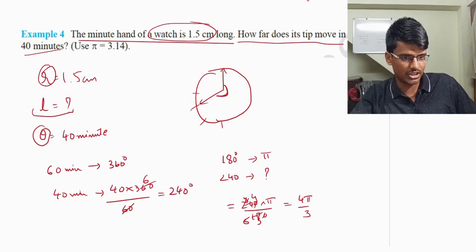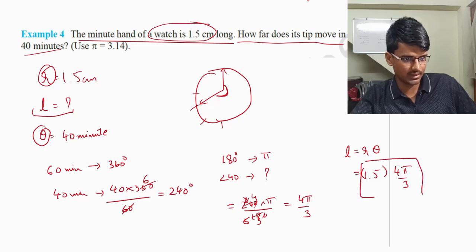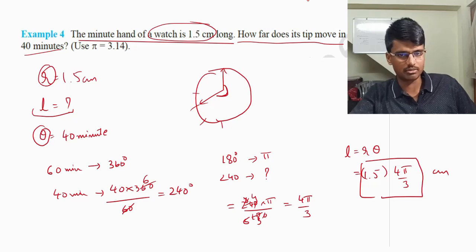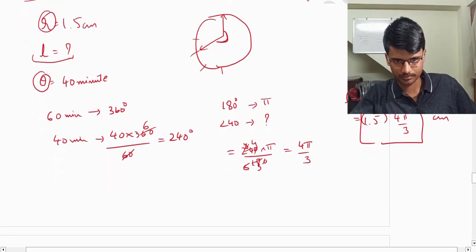So the relation that we know is L is equal to R times theta. Directly R is 1.5, theta is 4 pi by 3. So on solving this, we get this in centimeters because our R was in centimeter. You can solve that and find out.